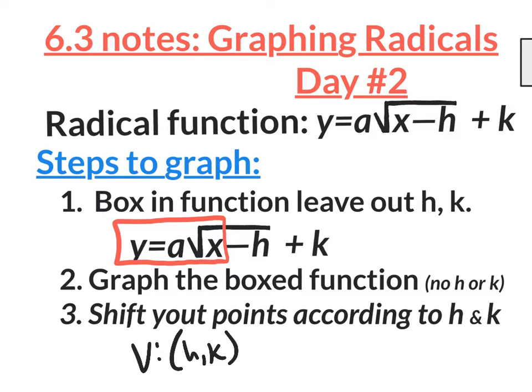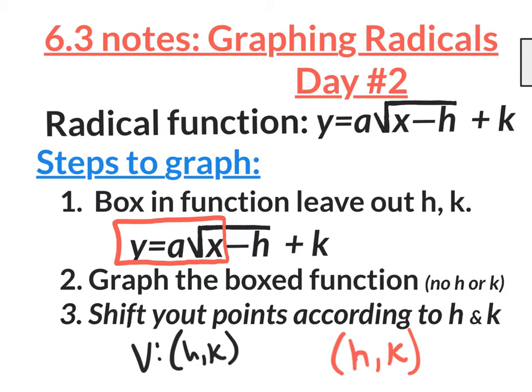Right here, it's not a vertex, but the coordinate h and k is equally as important, because the coordinate h, k is your beginning point on the square root function. It starts at that point and it shoots off in one direction.